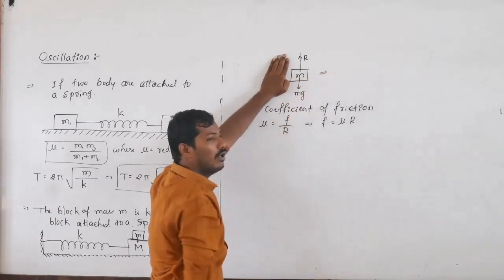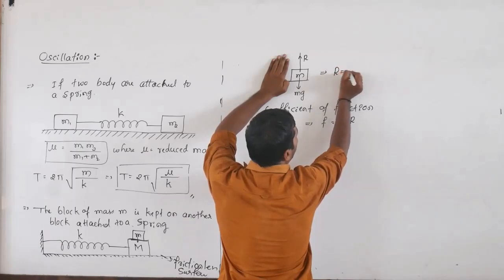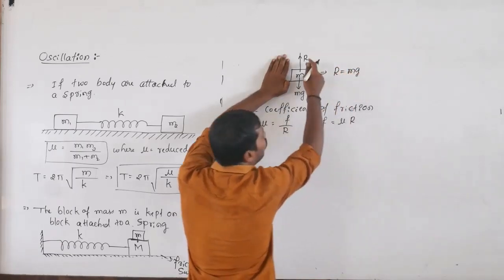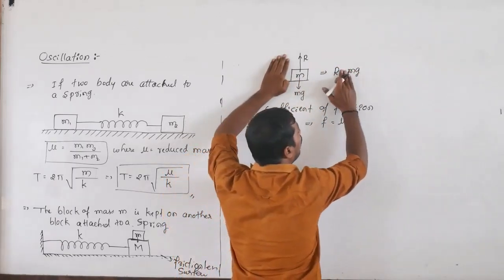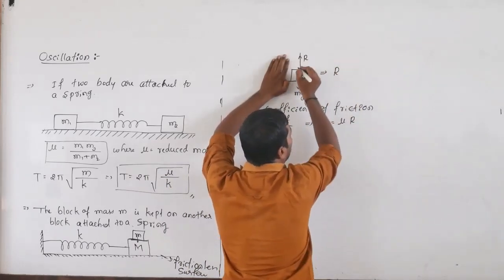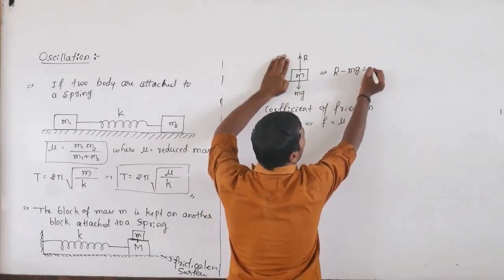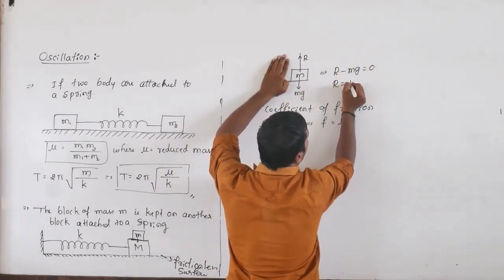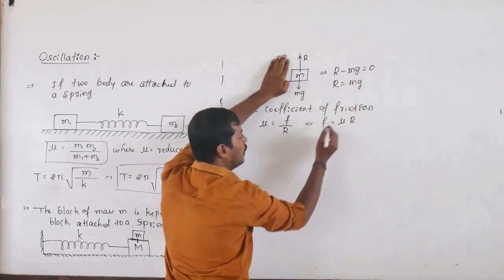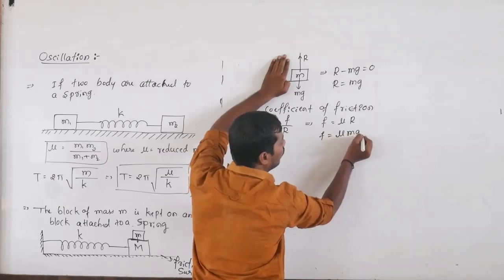According to equilibrium of forces, R minus mg equals 0. Then R equals mg. Substitute here: the frictional force is equal to mu mg.